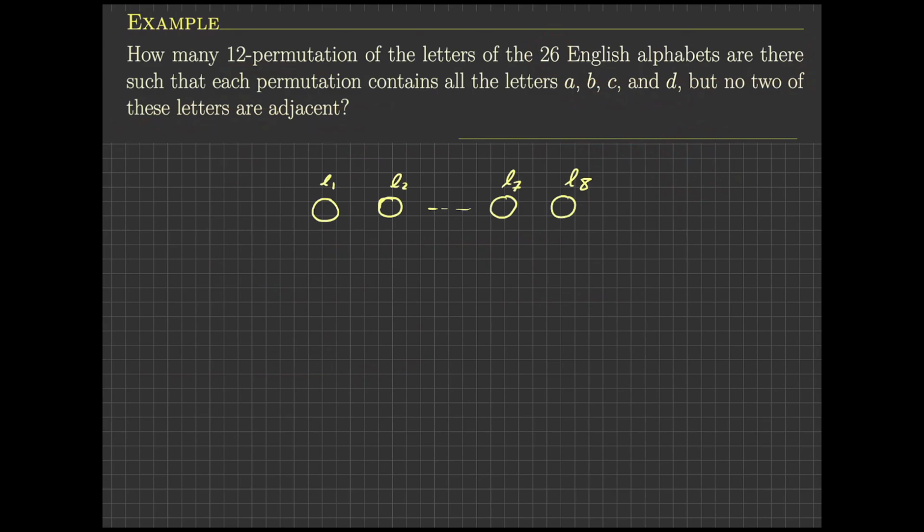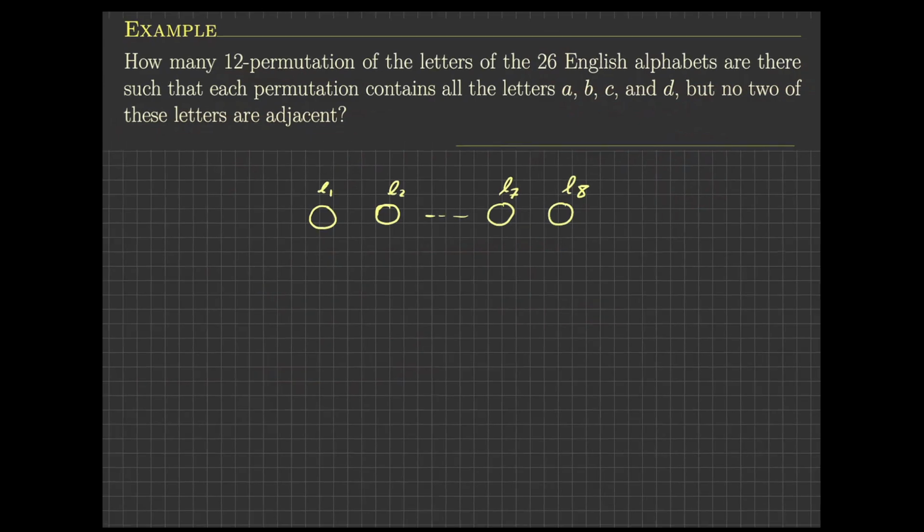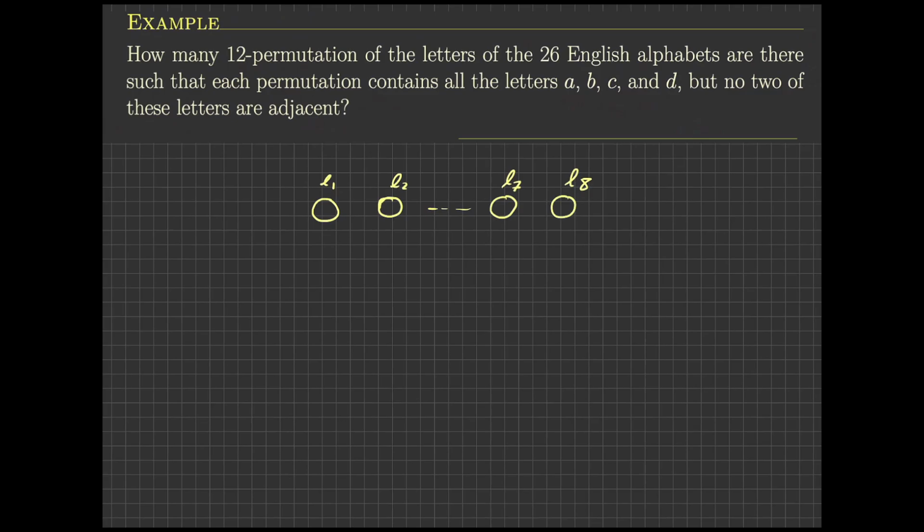I want to fill up these 8 locations with English alphabet letters except these 4 letters A, B, C, and D. In how many ways can I do that? Is it P(22, 8)? Yeah, it's P(22, 8).